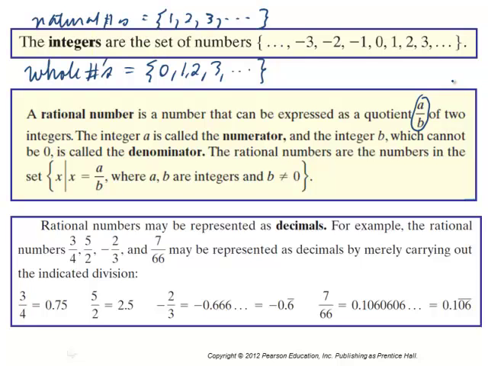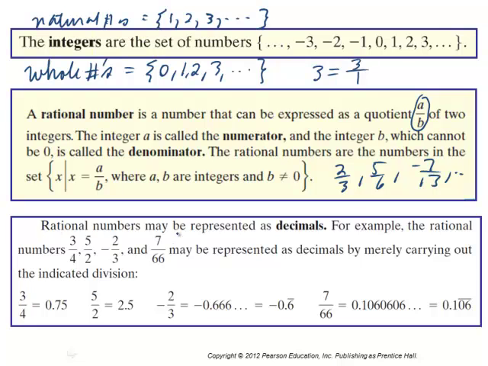And by the way, not only do we have numbers like 2/3 and 5/6 and -7/13 or whatever, but also any integer could be written as a ratio or quotient of that integer with 1. So, for example, 3 could be written as 3/1.